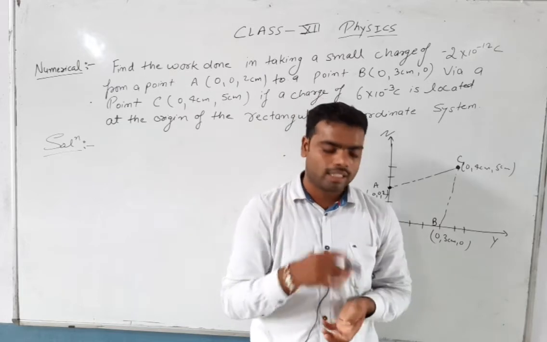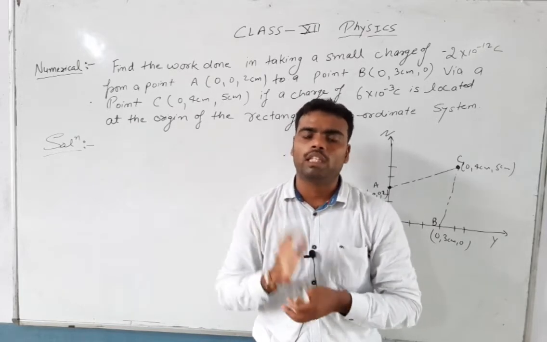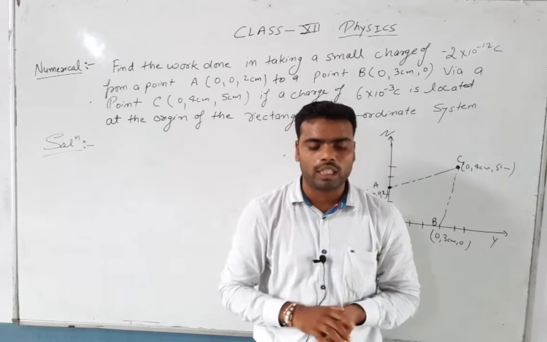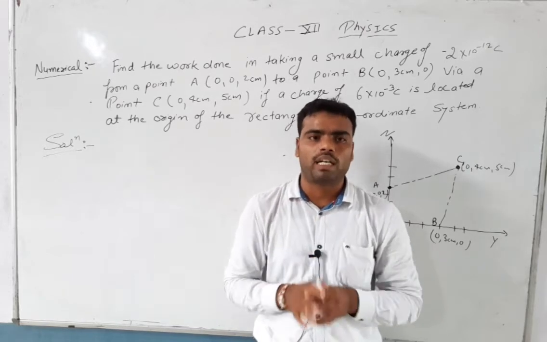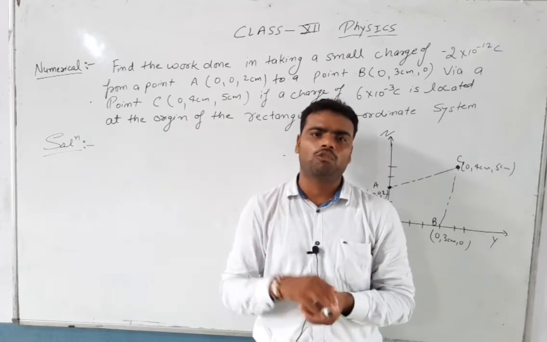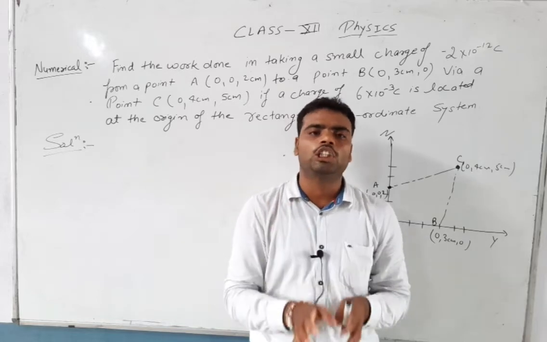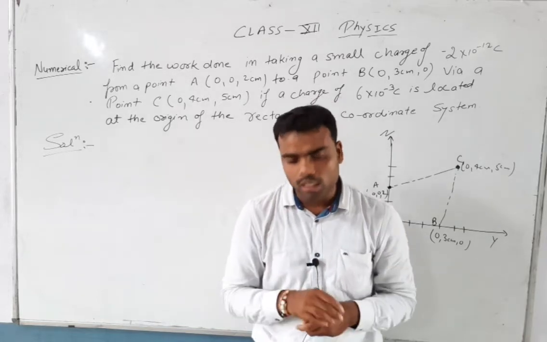Okay, via C. So first remember one thing, that work done in moving a charge from one point to another is independent of path. It means whatever be the path you are choosing, the work done will depend only on the initial and final position of the body.